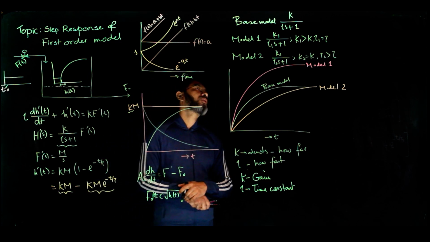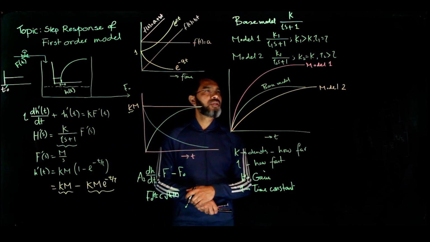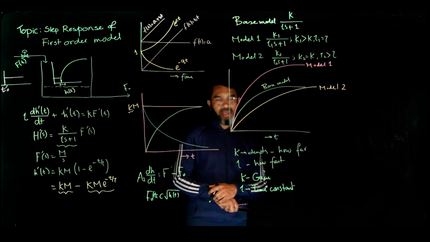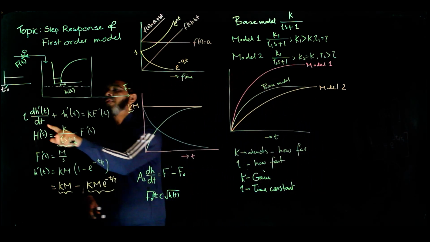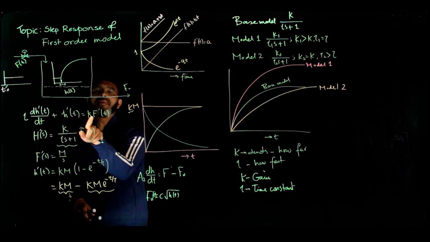Now let's look at the original equation we got for this model. So we had it in this form, tau dh prime over dt plus h prime of t.